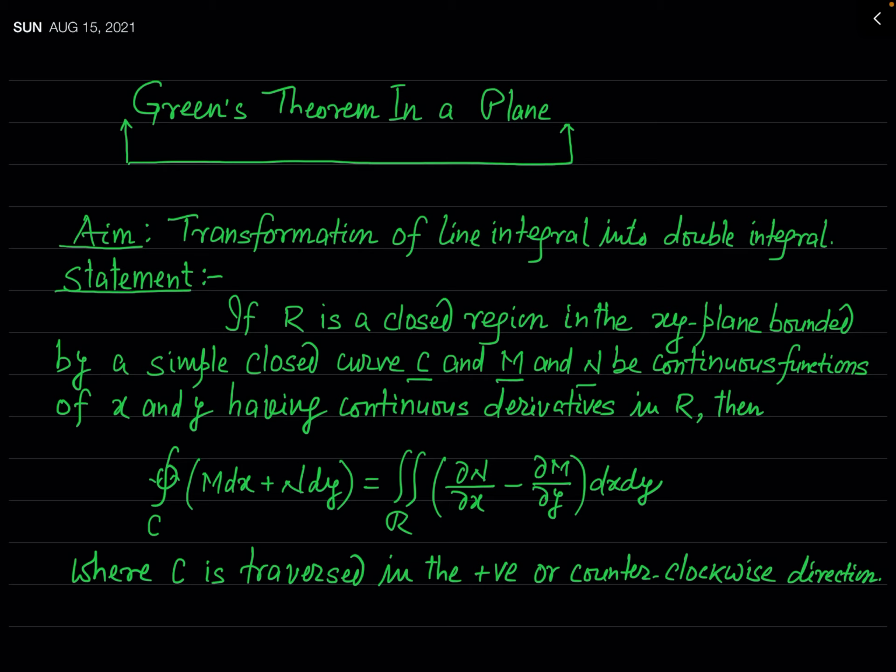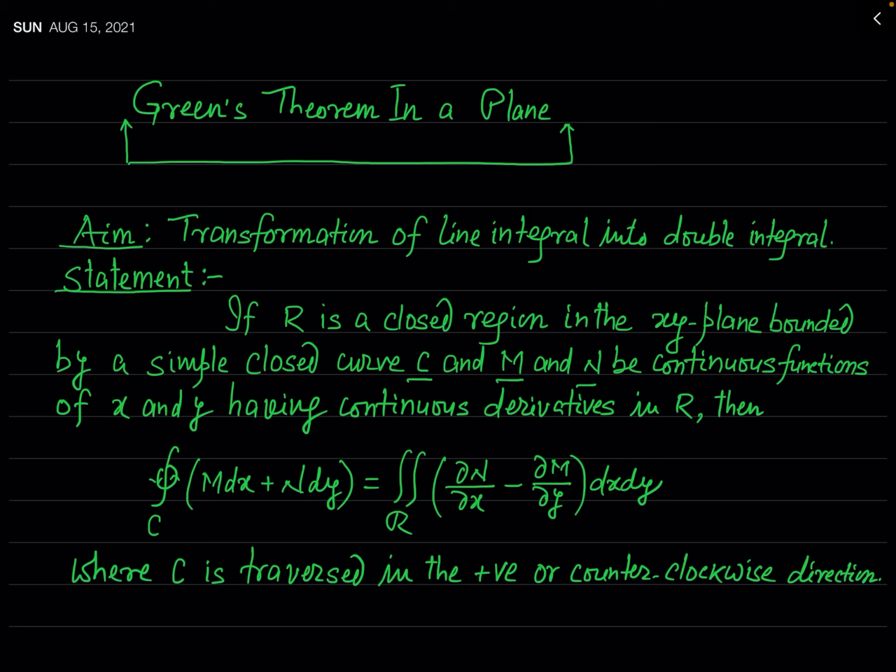It means whenever there is a region in the xy plane and a simple closed curve C encloses that region, and in that region we define the two functions M and N, which are functions of x and y, and these functions have continuous derivatives in that region, then this equation will be satisfied.